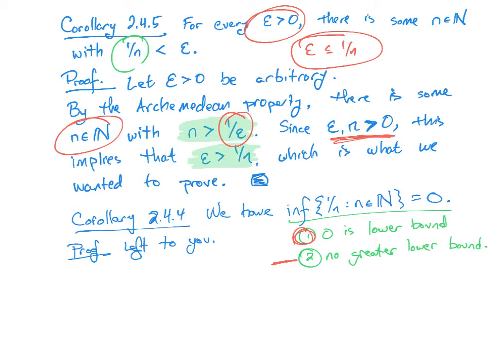Because the corollary we just proved said if you've got any epsilon greater than 0, there's some natural number n with 1 over n less than epsilon. So none of those numbers could be a greater lower bound. Any questions there? And like I said, the book does these in the other order. So go ahead and look in the book and see if you can make that make sense. So they do 4 first and then derive 5 from it.